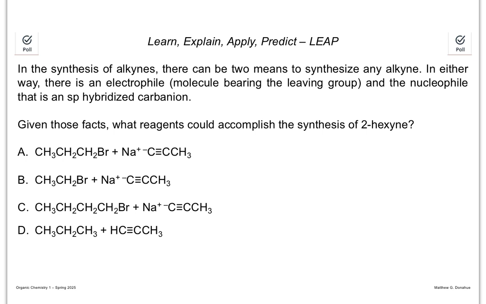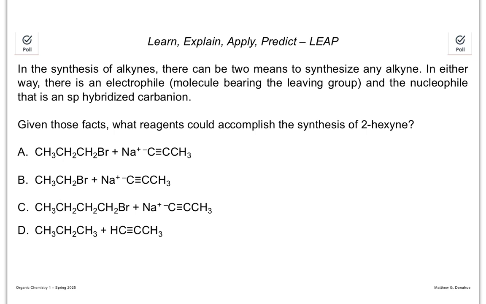Here we're going to talk a little bit about strategies with alkyne nucleophiles. In the synthesis of alkynes, there can be two means of synthesizing any alkyne. So we're designing a plan.